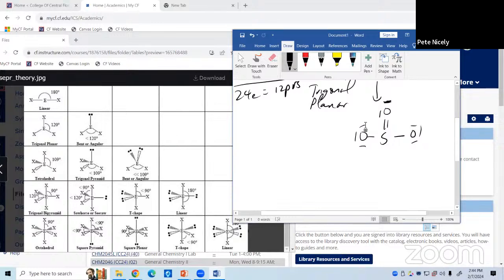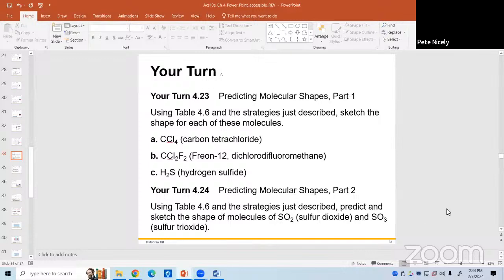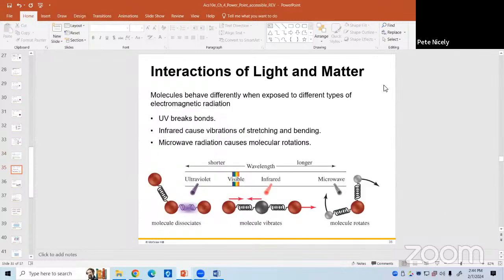Any questions? Okay, so let me go back to the PowerPoint and see what's next. So now we're going to get into the relationship between the shapes of the molecules and the type of interactions that the molecules will have with light or radiation.